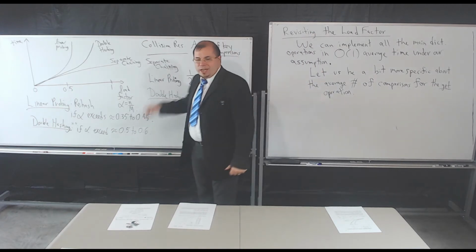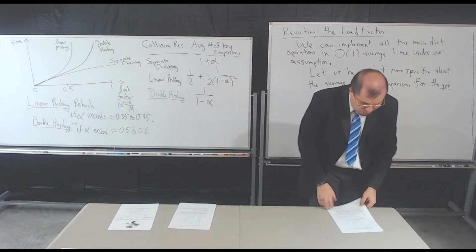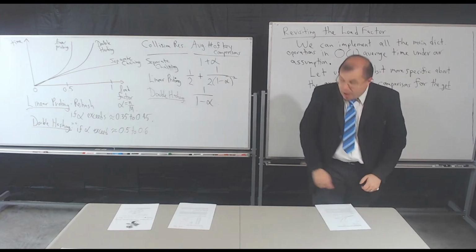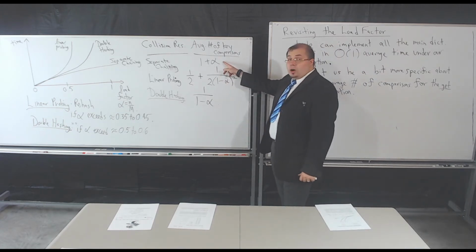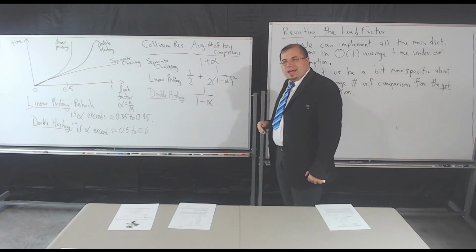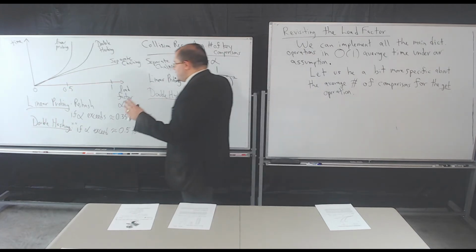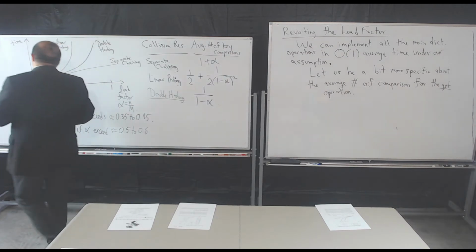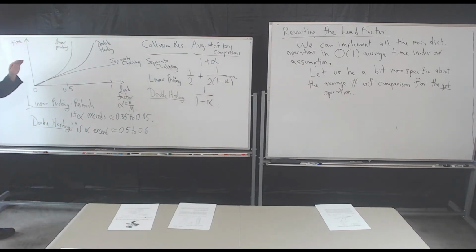And we already talked about separate chaining. Remember, with separate chaining, the whole idea is that I fix some constant for alpha, or at least the idea of alpha, and you just keep the size of the table in relation to this load factor.